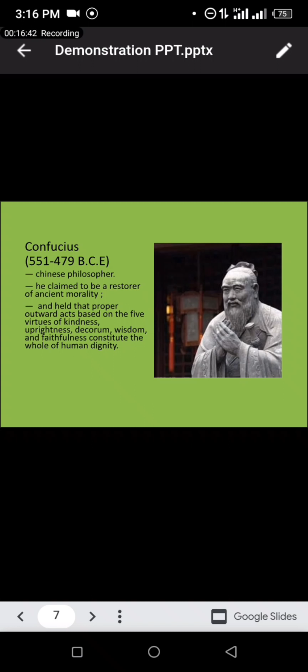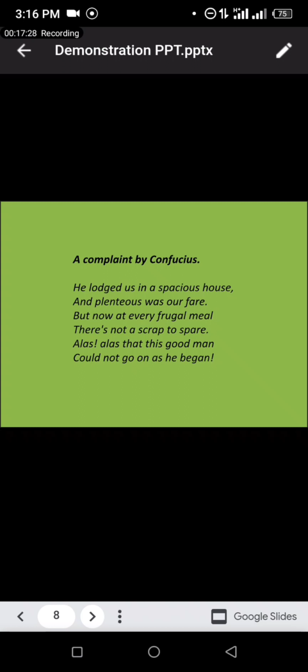It was said on the screen that he claimed to be a restorer of ancient morality, and held that proper outward acts based on the five virtues, such as kindness, uprightness, decorum, wisdom, and faithfulness, constitute the whole of human dignity.